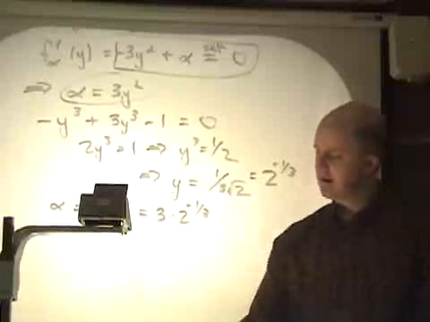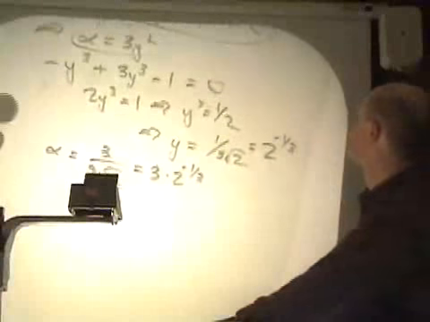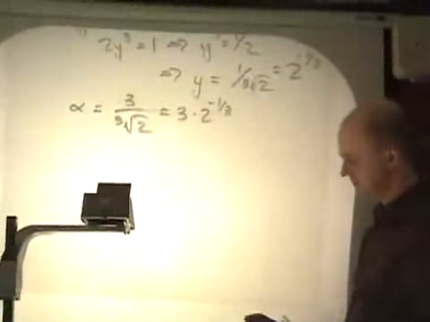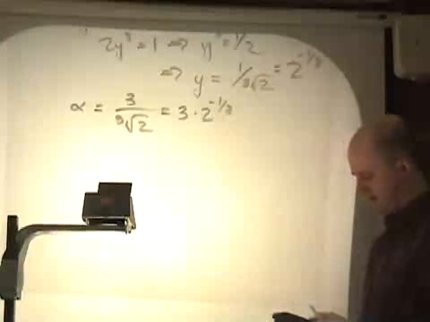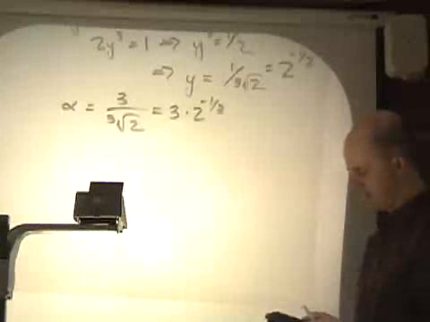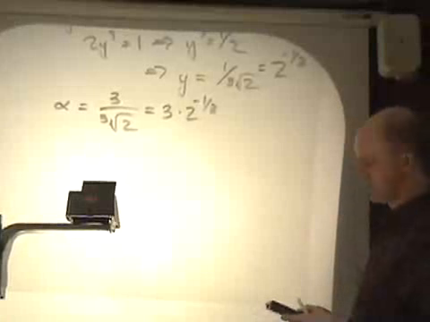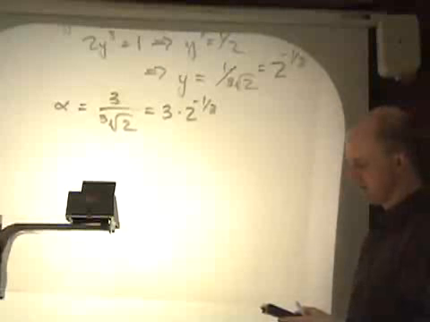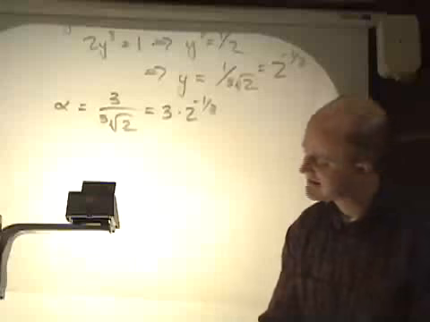You might want to get your calculator and approximate this. 3 divided by 2 to the 1/3 power. And I'm not getting the correct thing. I guess this is good that I made a mistake.